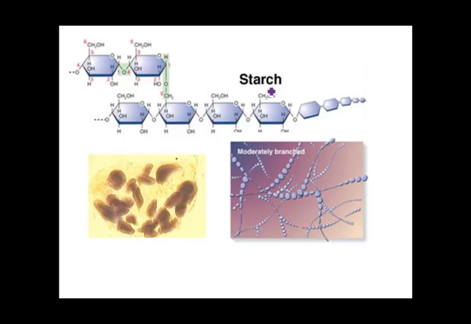The first is starch. Starch is composed of a bunch of glucose monosaccharides linked together with a somewhat branched kind of structure. So if you remember, I said that you could link together the same subunit but with different patterns and come up with different molecules, and that's what we see when we look at the 3 polysaccharides that we're going to examine: starch, glycogen, and cellulose.